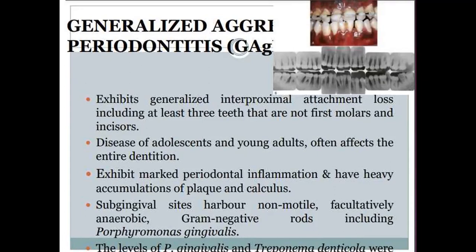Some patients initially diagnosed as having LAP were found to have the generalized variant or to be periodontally healthy at a 6-year follow-up examination. So this condition shows the presence of subgingival sites which are harboring non-motile, facultatively anaerobic gram-negative rods, including Porphyromonas gingivalis.